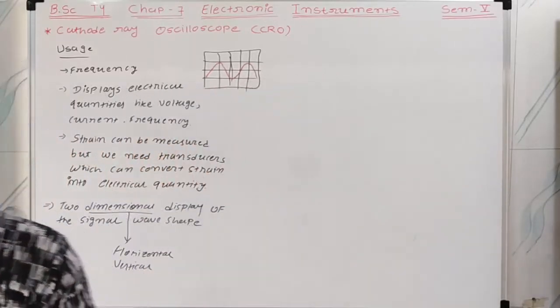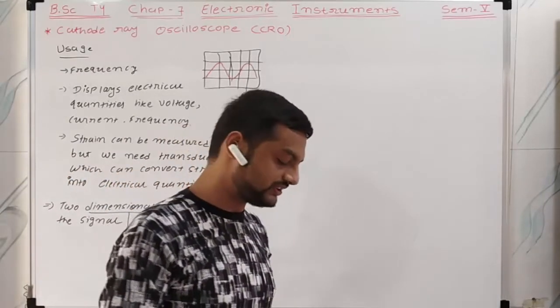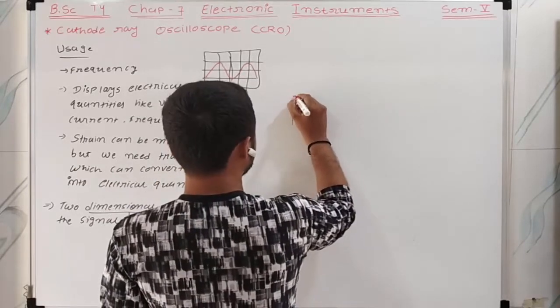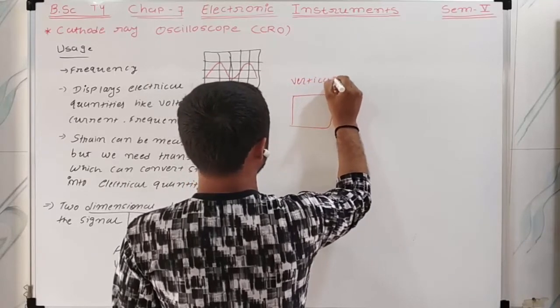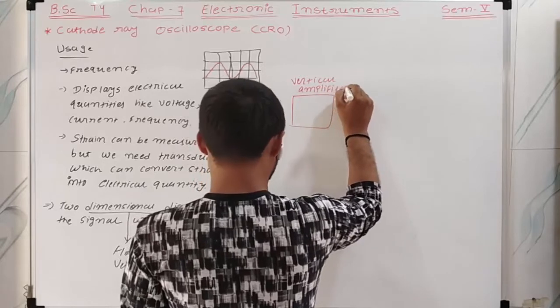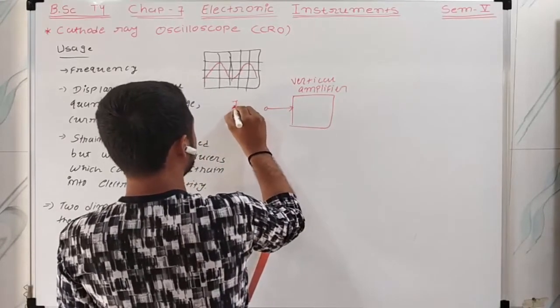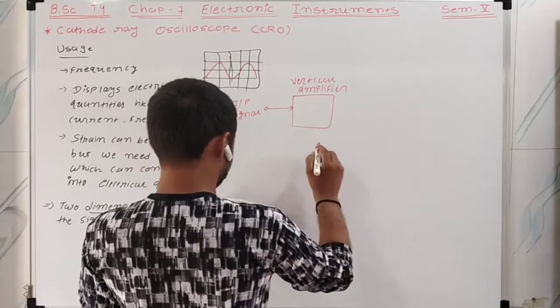Now I am drawing the block diagram of this CRO. Please watch it carefully, right? First one is the vertical amplifier. Here it is the input signal.